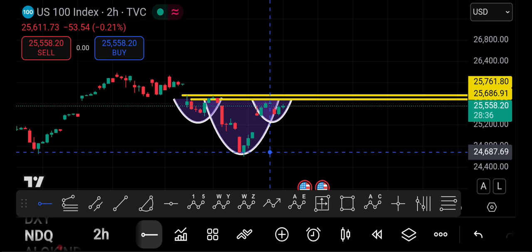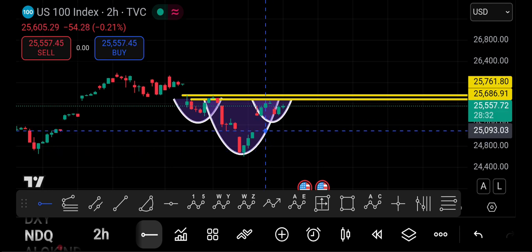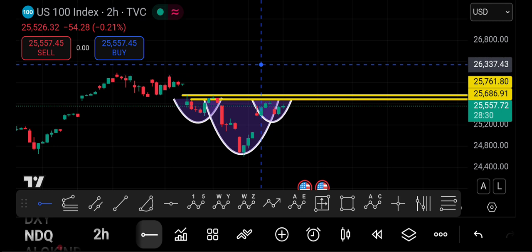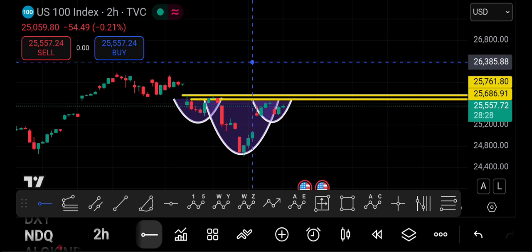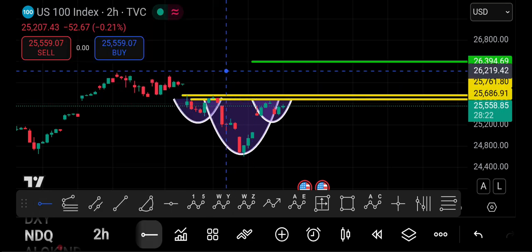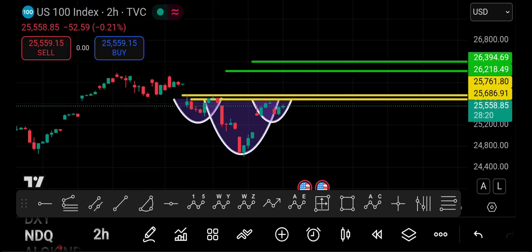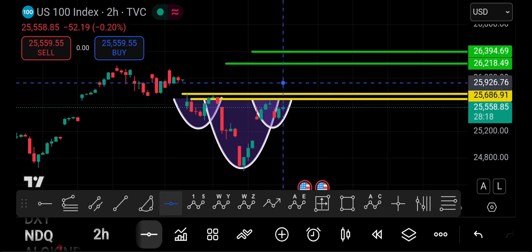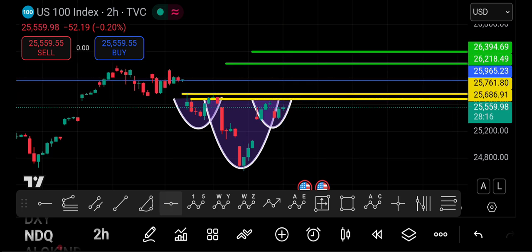As soon as you find that this stock has broken the neckline, very soon you will witness an upside target of 26,400. This will be the first major target, and the second target will be 26,200, and in between this will be the resistance.